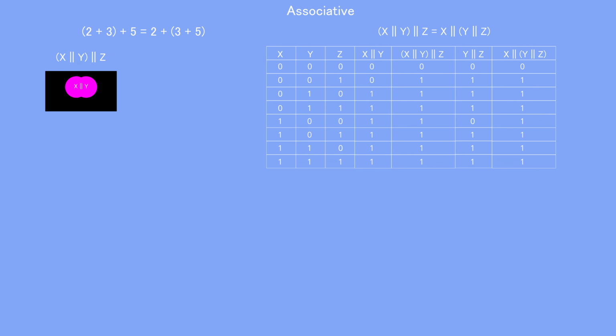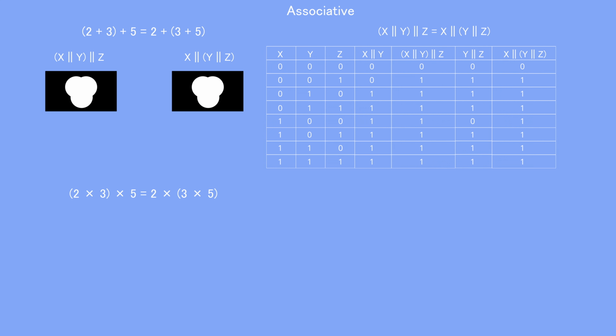X or Y or Z is the same as Y or Z or X. The second law. All the same as the first law, but with multiplicative operations instead of additive. Let's check.